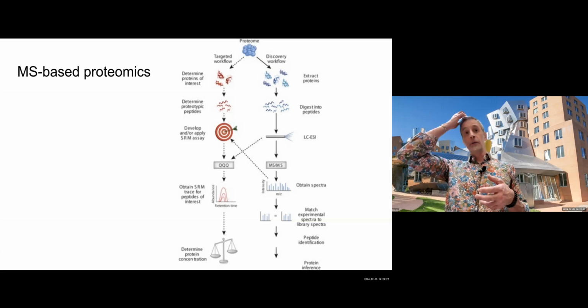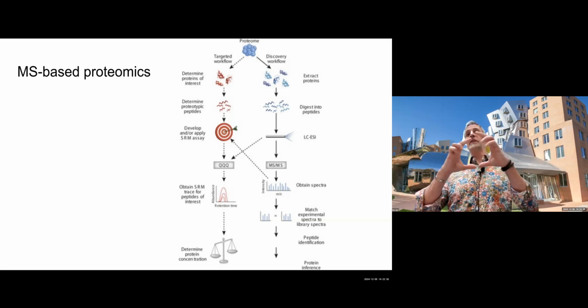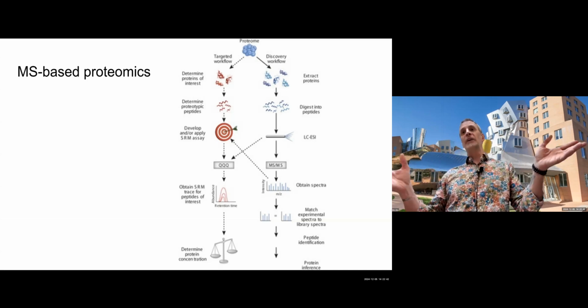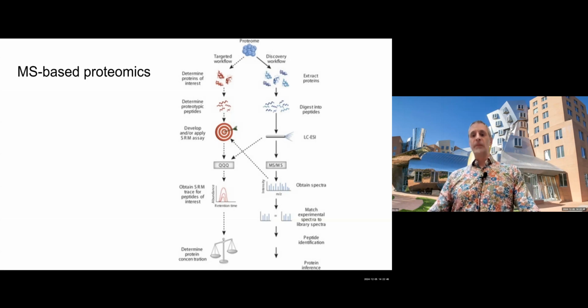So then we look at all the different peptides and say, actually, when we look at all of the peptides, probably all the data could be explained by this one protein as opposed to some combination of all the proteins in this group. Trying to deconvolve those signals is part of the trick in proteomics.